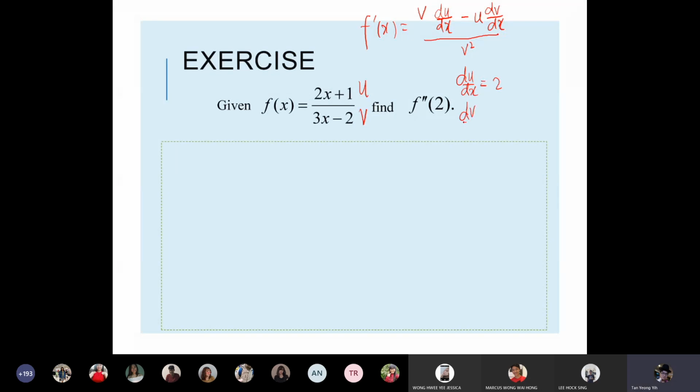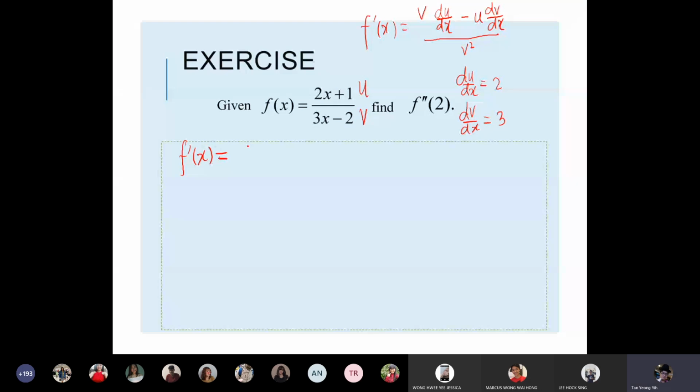And also we differentiate the v: differentiate the v, we have 3. So this is u, and differentiate u, we have 2. This is v, differentiate v, we have 3. Any questions here? No. Okay, thank you.